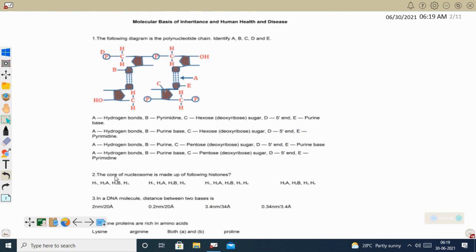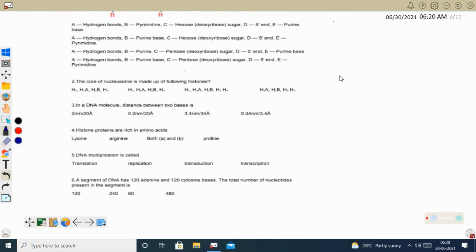Okay, next question. The core of nucleosome is made up of the following histones. DNA inside the nucleus is arranged as a chromatin thread, we have studied, right? This chromatin thread is actually formed by nucleosomes and linker DNA.